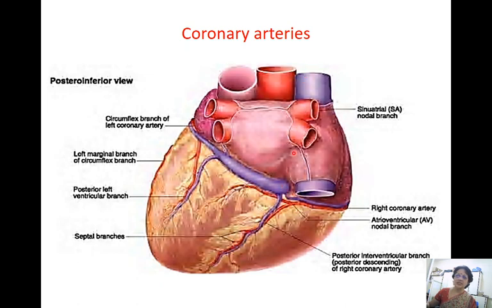This would be the interatrial groove, and you're looking at the atrioventricular groove on the posterior surface, or the posteroinferior view, or the diaphragmatic part. Because you're looking at it from behind, left is left and right is right, and this is the left coronary artery continuation. This is the right coronary, which will give further branching on the backside.